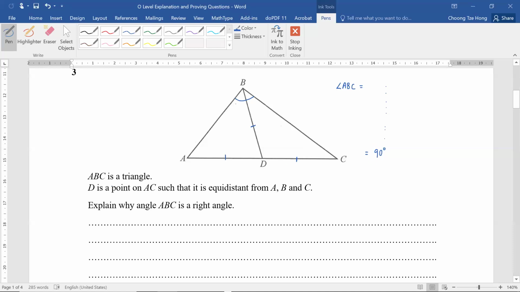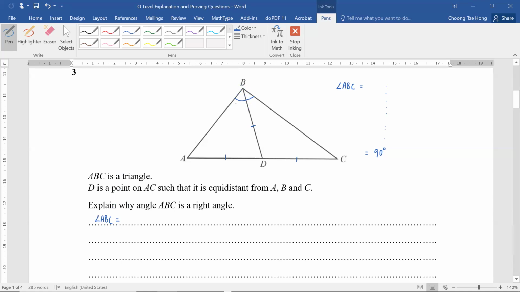So let's start from angle ABC. At this point, we need to ask ourselves one question: what can we do after this to proceed forward? Technically, if you look at the diagram, there's only one thing you can do.